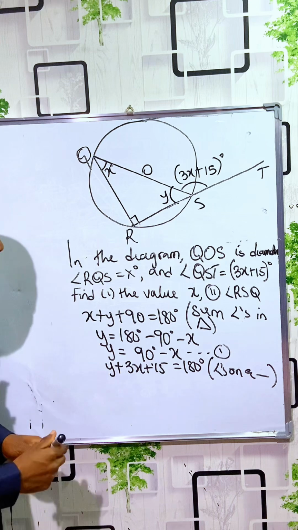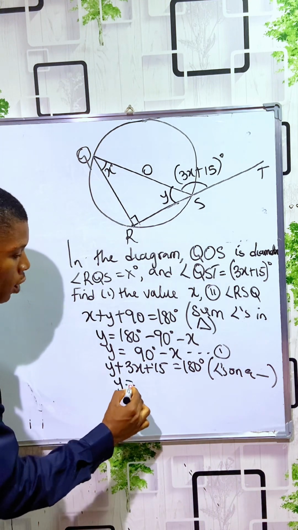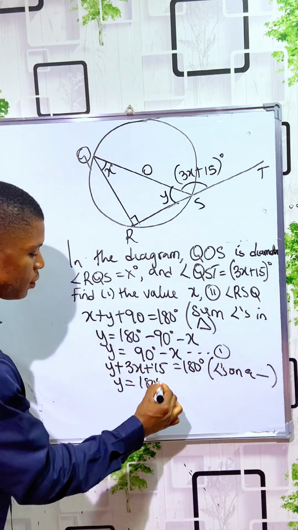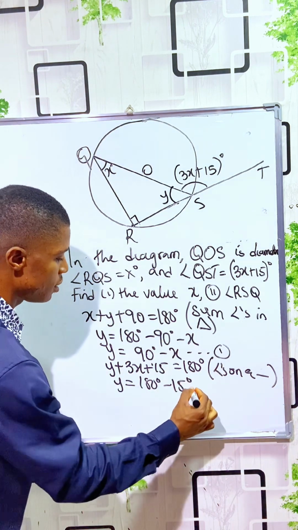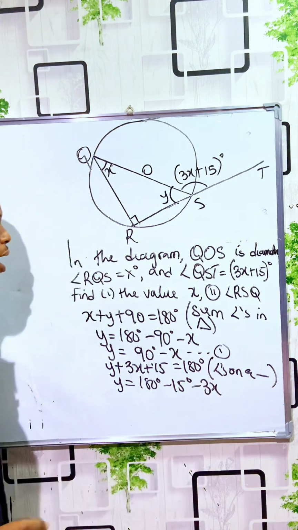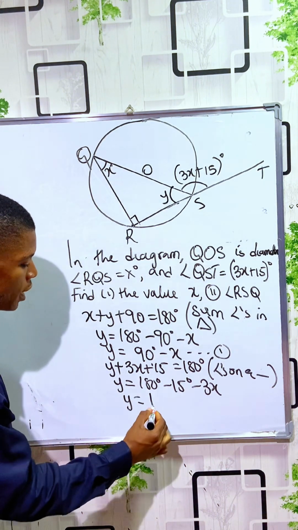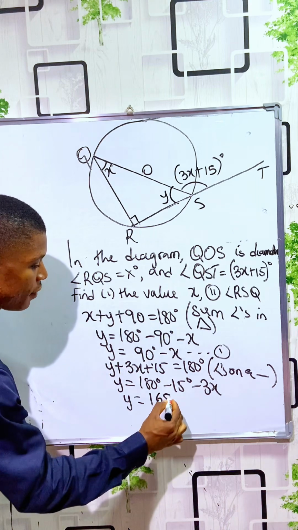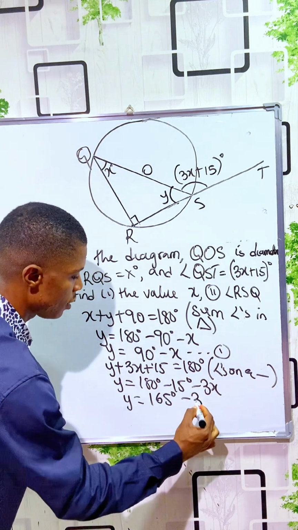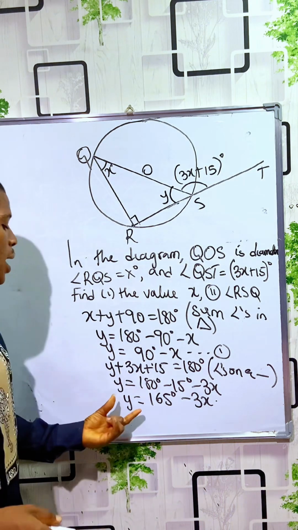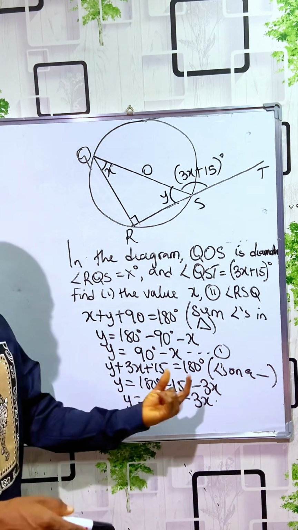So y is equal to 180 degrees minus 15 degrees minus 3x, and that will be y equals 165 degrees minus 3x.